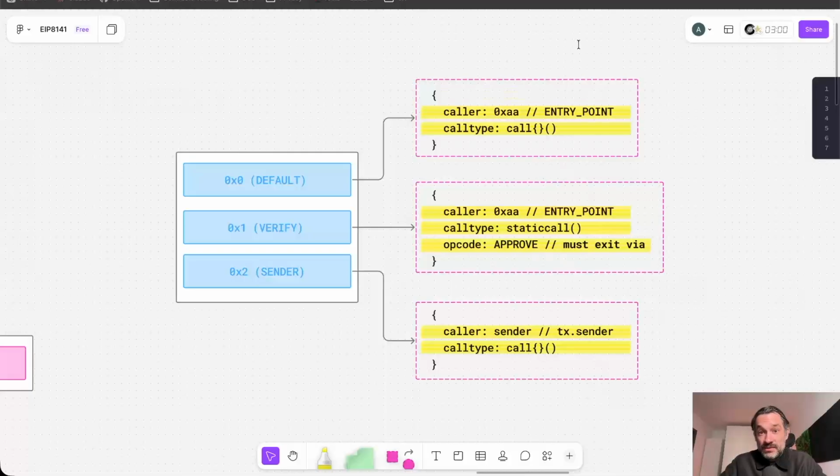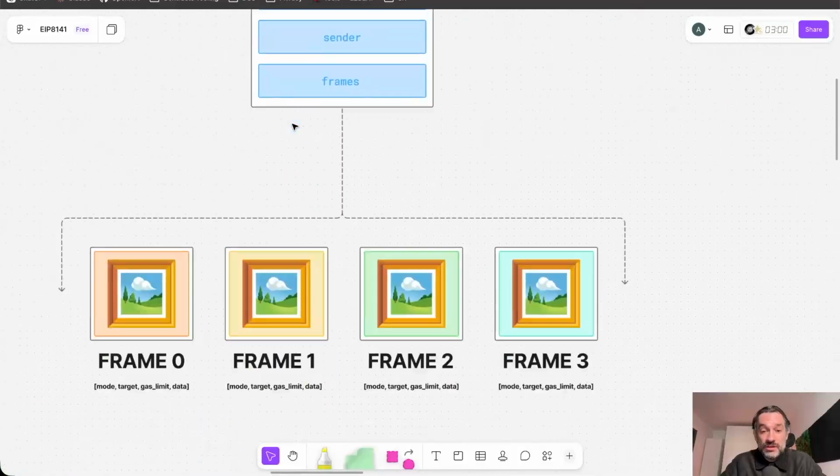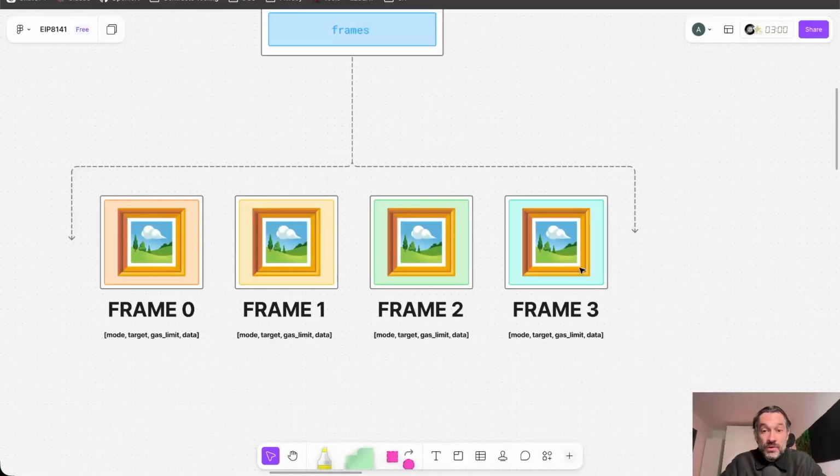If it exits any other way, for example return, revert, or out of gas, the entire transaction is invalid. It's not that the frame simply fails, because we can include as many frames as we want in the transaction; we have a limit of 1000 frames per transaction.